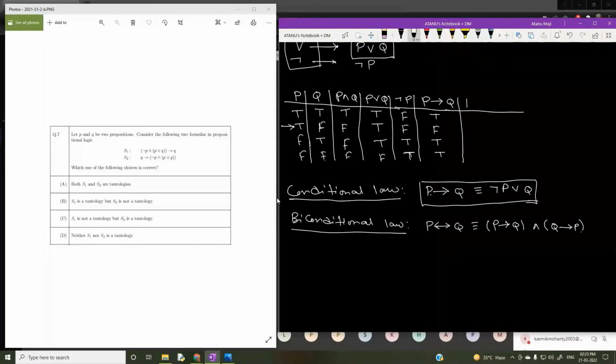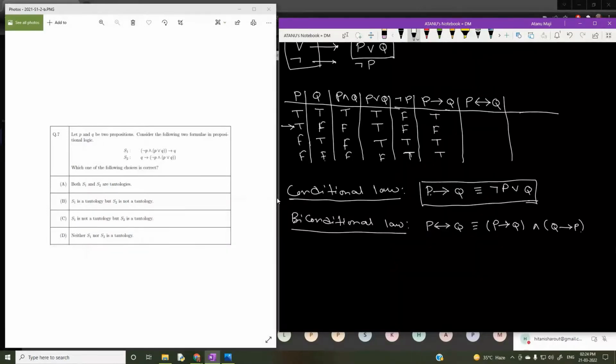But if we write the truth table for P biconditional Q, what will it be? It will be like this: only when both the things are true or both the things are false, the result will be true, and for all other cases the result will be false.